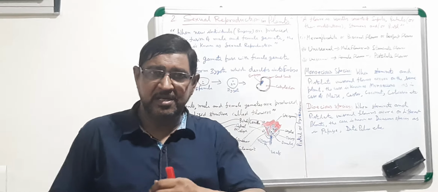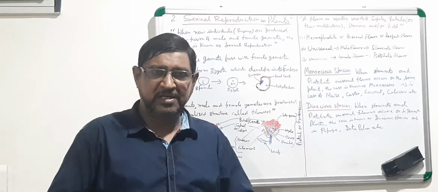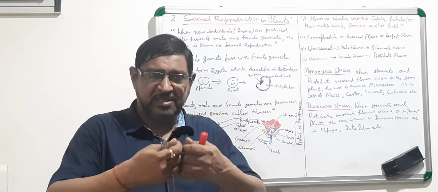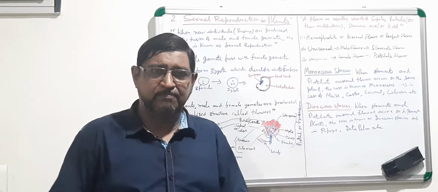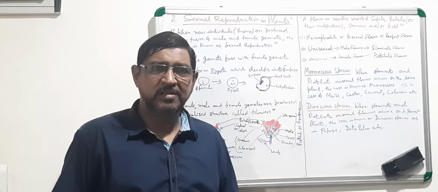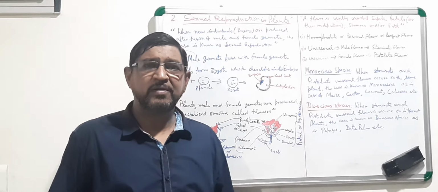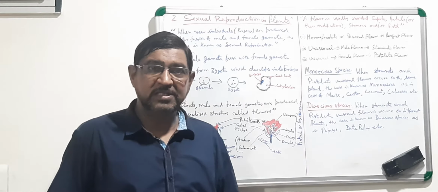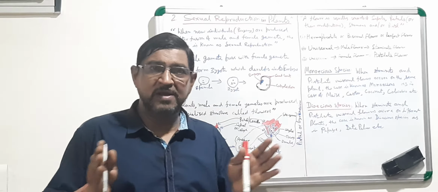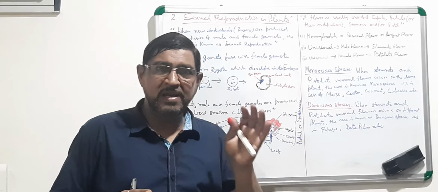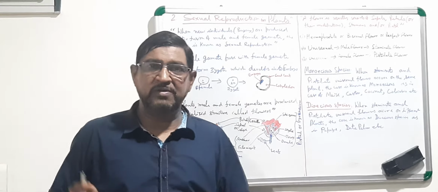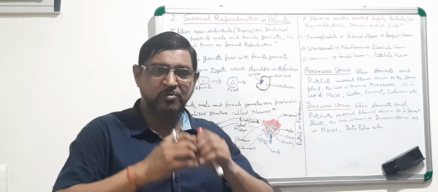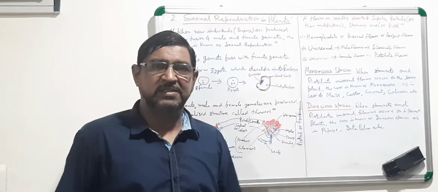In this case, the next generation, the offsprings, the progenies produced, are all having different genotypes than the parents. Because the male and female gametes are fusing, and male is giving 50% genes and female is giving 50% genes, and both are coming to the offsprings.